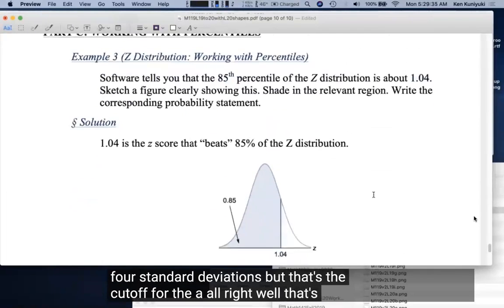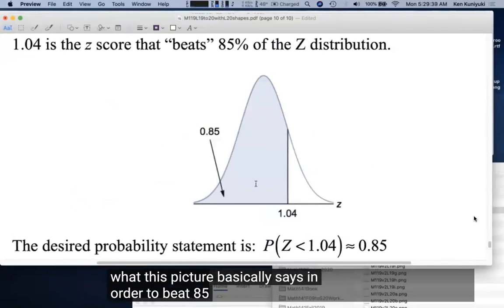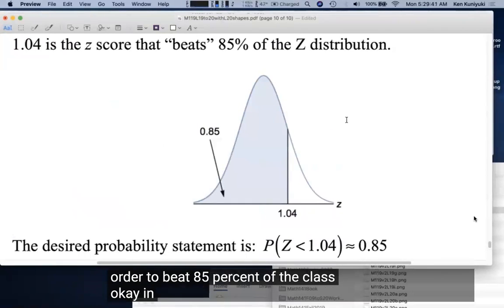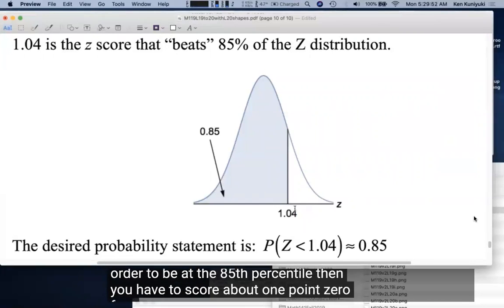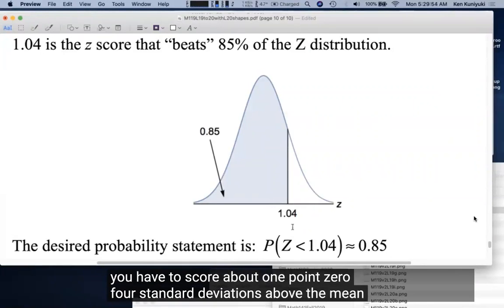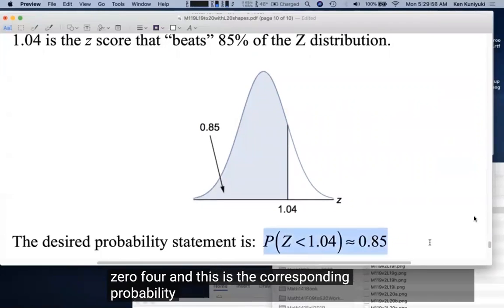All right, well, that's what this picture basically says. In order to beat 85% of the class, in order for a random test to beat 85% of the scores in the class, in order to be at the 85th percentile, you have to score about 1.04 standard deviations above the mean. Your z-score has to be about 1.04. And this is the corresponding probability statement.